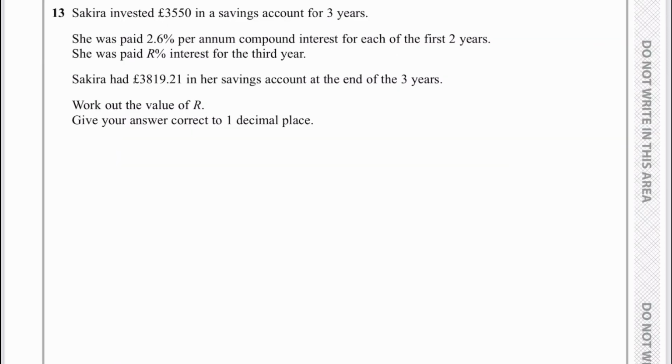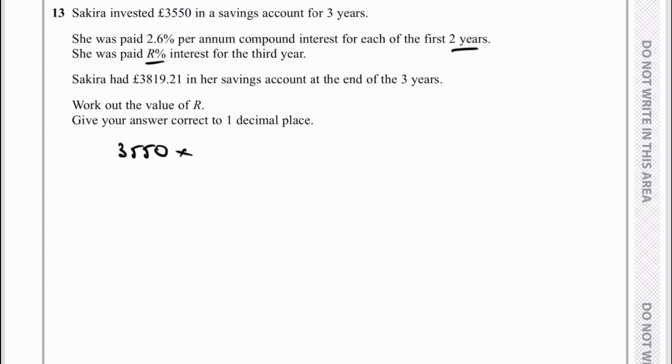Okay, so here we are with question number 13, and we've got Sakira investing £3,500 in a savings account. She's going to be paid interest for the first 2 years and then R interest for the third year, and then finally she's got that amount in the savings account at the end of the 3-year period. So what has she actually achieved? Well, she started off with 3,550.